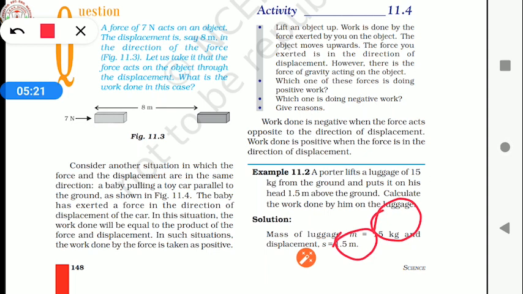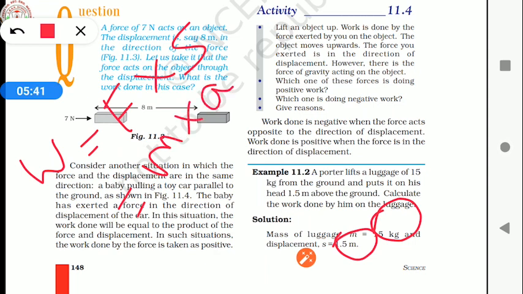When you lift the luggage to a height, you are doing work against the gravity. You know that work done is equal to force into displacement. But force is equal to mass into acceleration, into S. So what is the mass of the object here? 15 kilogram.